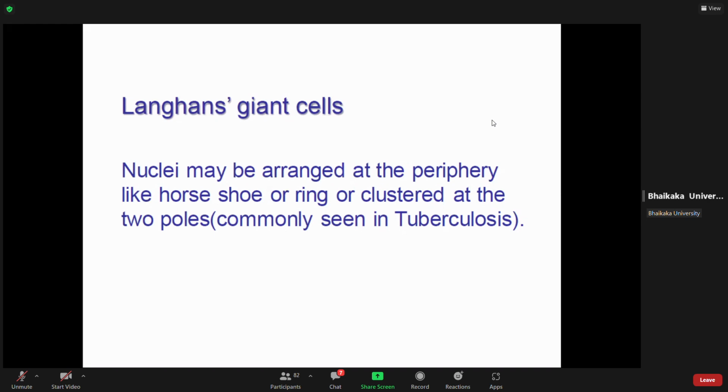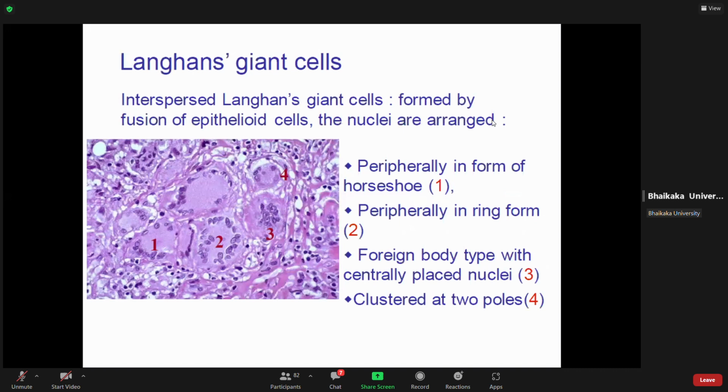We see here the microscopic view of the tissue which contains different giant cells. Remember, first of all, these Langerhans giant cells are formed by fusion of epithelioid cells, and the nuclei are arranged in different forms. First, at the periphery in the form of a horseshoe.